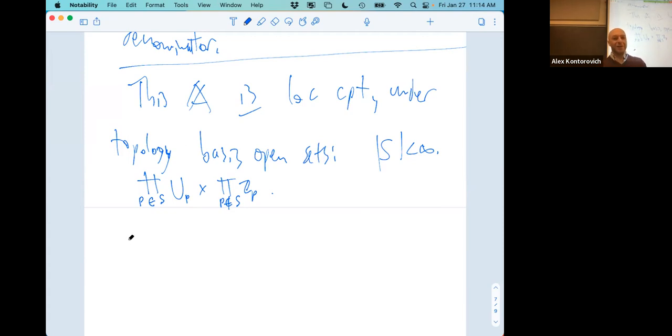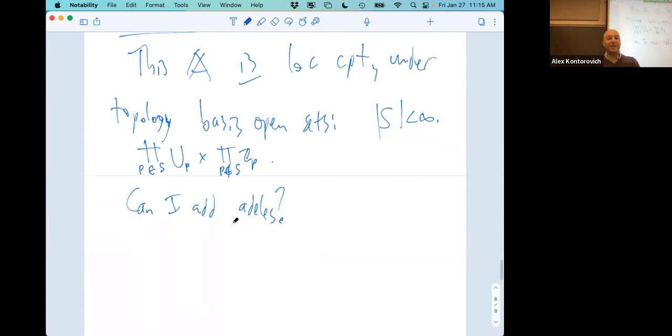Can I add Adeles? Take a real open set, cross a bunch of open sets in Q_p, but I'm controlling how many of them can be outside of Z_p. All but finitely many are Z_p itself. You can take that as a basis.